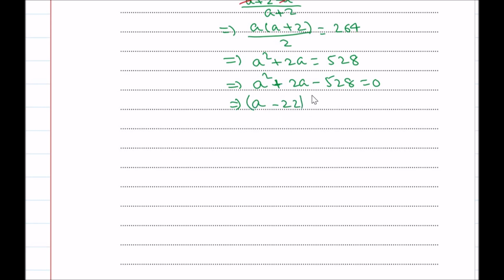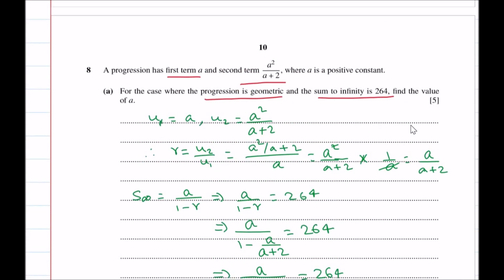If you are not comfortable with the factorization, we can use the quadratic formula from here. A plus 24 equal to 0. This implies that A equal to 22 or A equal to minus 24. But in the question, it says A is a positive constant.